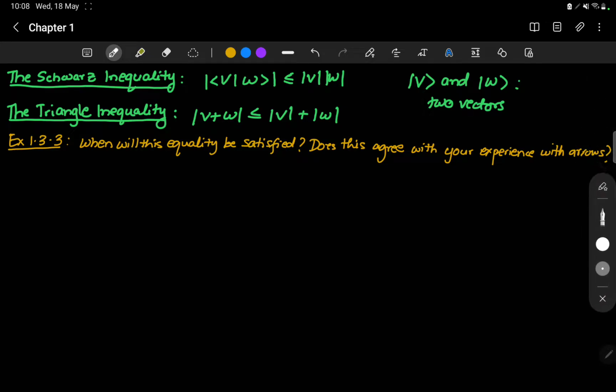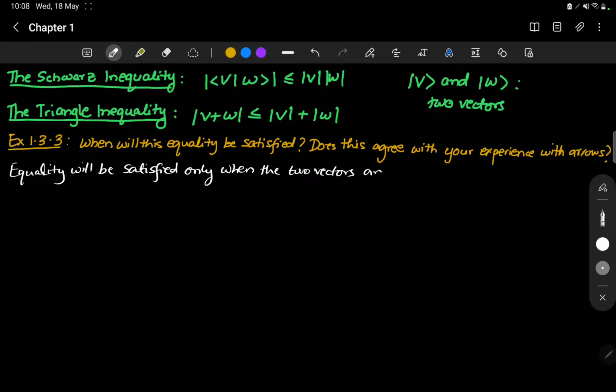Now the answer is that the equality will be satisfied only when the given two vectors are parallel to each other.